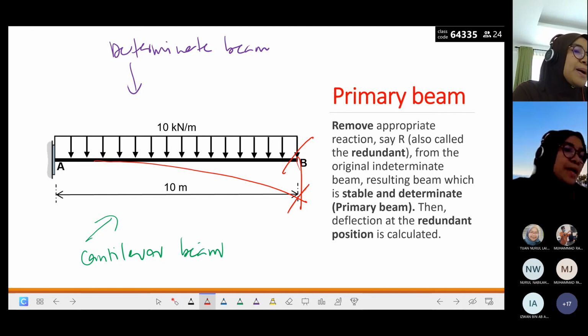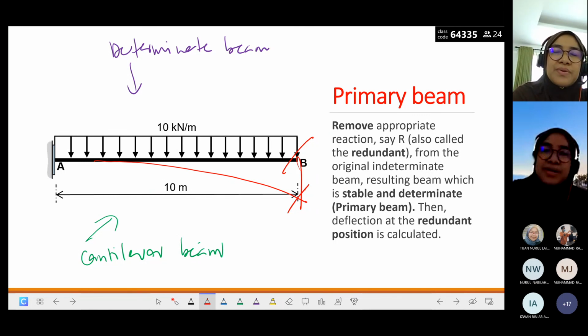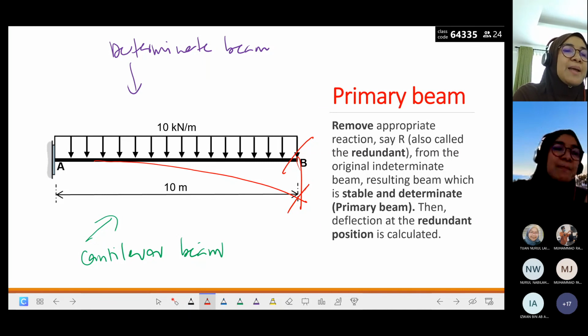After we have removed all the redundants, we have to draw the deflected shape and look at the redundant position.